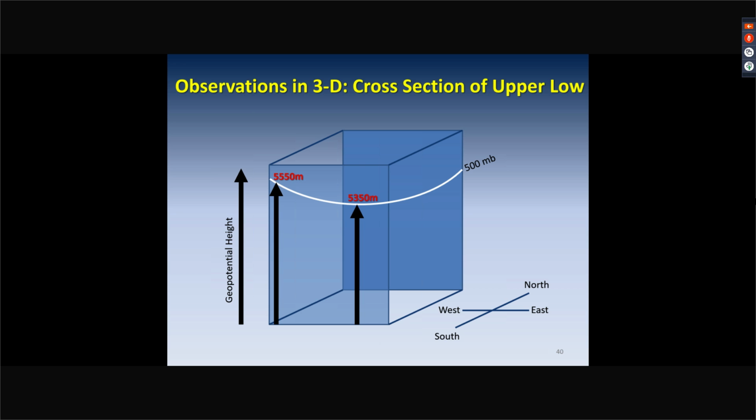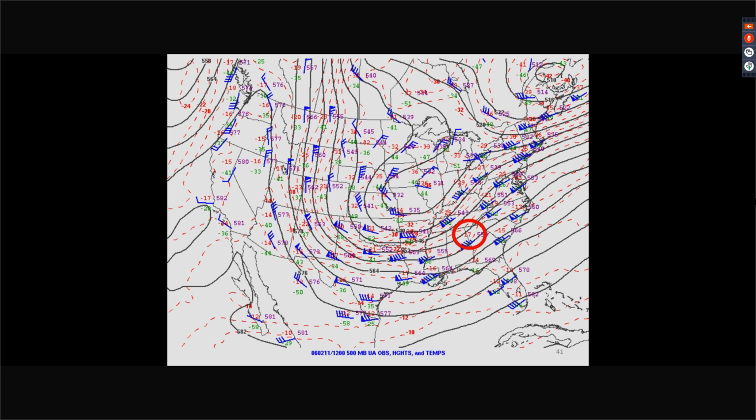Well, why is this important? Not only are we looking at what the pressure is doing and what the height of 500 millibars is in the atmosphere, but when you start to get that surface low, the other thing we've got to pay attention to is what the temperature is doing. For this example, outside of that upper level trough, it's actually minus 17 degrees.